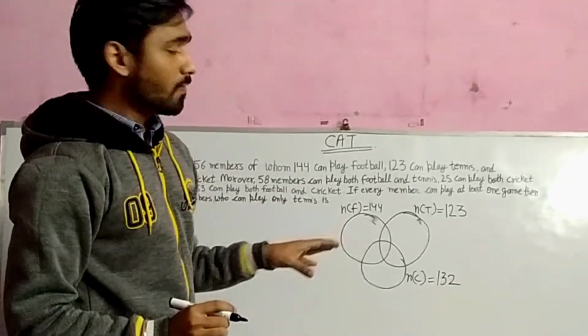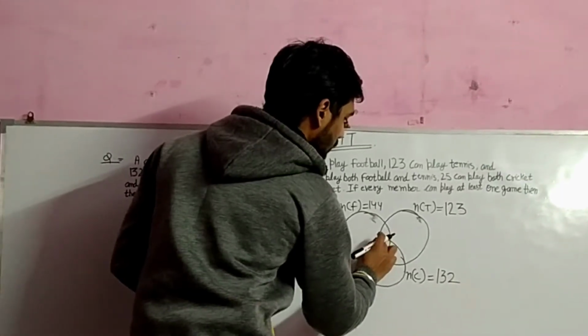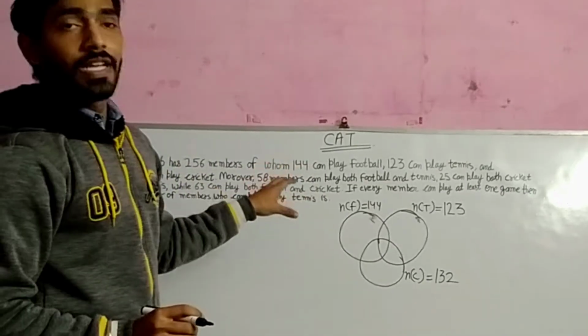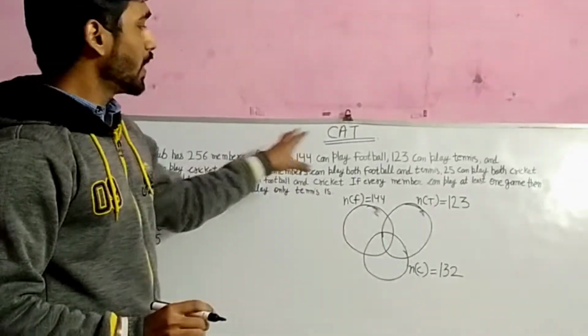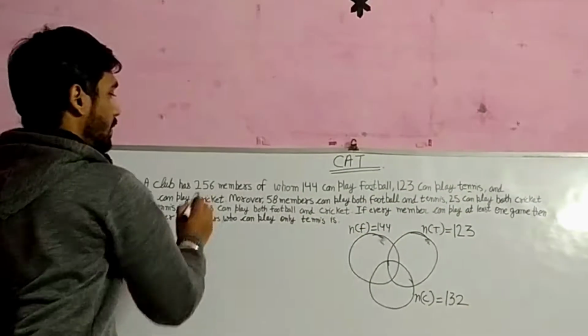In this type of question, we first need to know the common region which shows the number of members who play all three games, football, tennis and cricket.